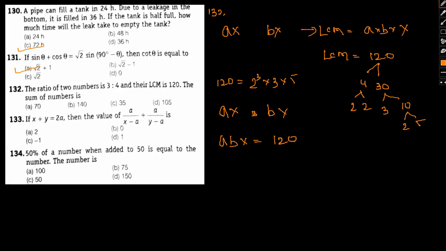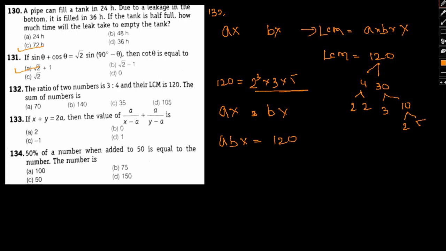Now we need to find a certain number using these factors which would actually yield us the ratio 3 is to 4. So 3 is to 4, let's do something in this case.